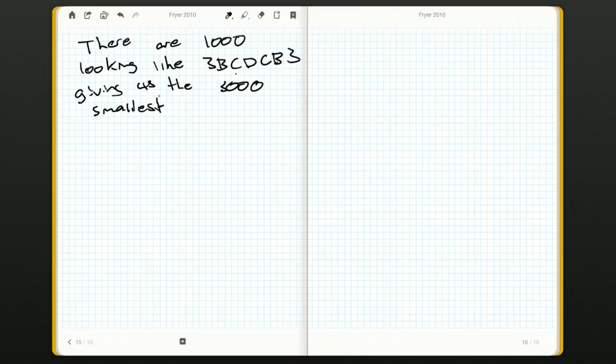The pen is not cooperating a little bit. Or maybe I'm just writing a bit too fast. So let's clean up our notes for just a second. Including all the ones that start with 3 gives us the 3,000 smallest. All these ones are still bigger than the ones starting with 1 or 2, but now we have the 3,000 smallest.